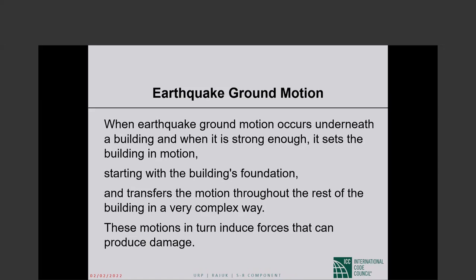So when a floor of a building is experiencing deflections because of the motions that we are talking about, there is associated with that deflection a velocity and an acceleration. Acceleration times mass is a force. So there are forces generated as a result of these movements that we are talking about. And the forces obviously can cause damage.